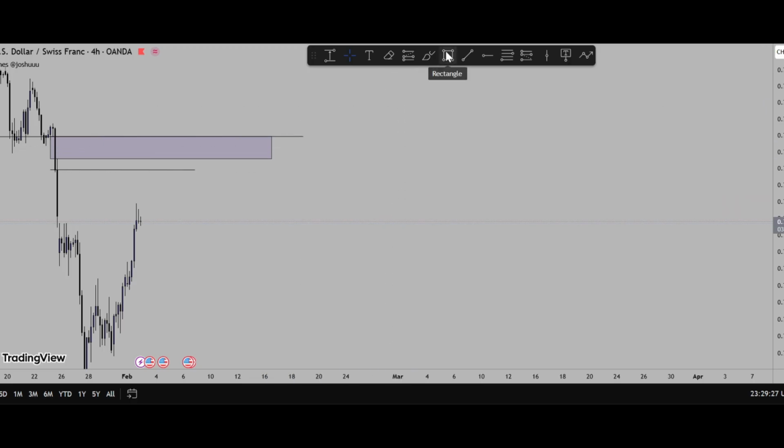When the market is moving in one direction so aggressively that it leaves an unfair chance for the sellers to, for example, in a buying scenario, get into the market. And if it's a selling scenario, it leaves an unfair chance for the buyers to get into the market.